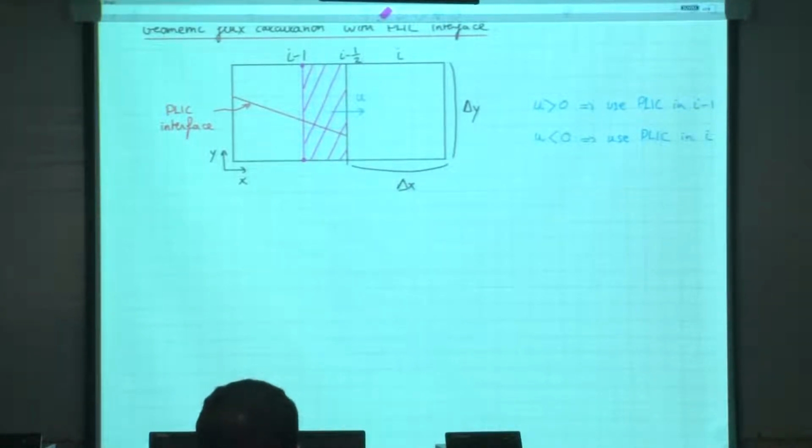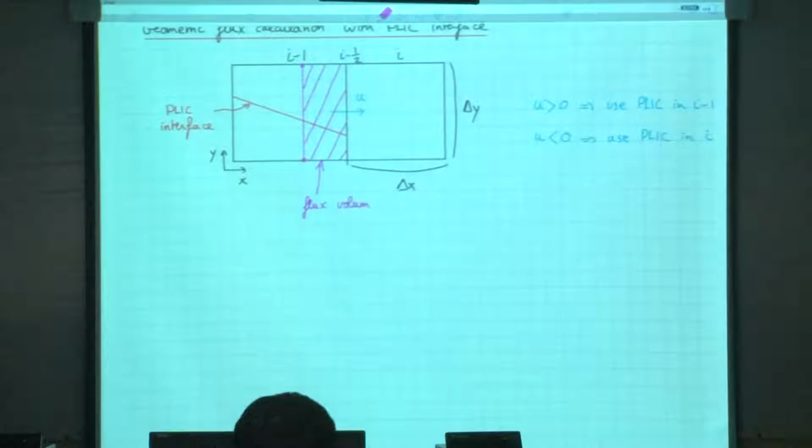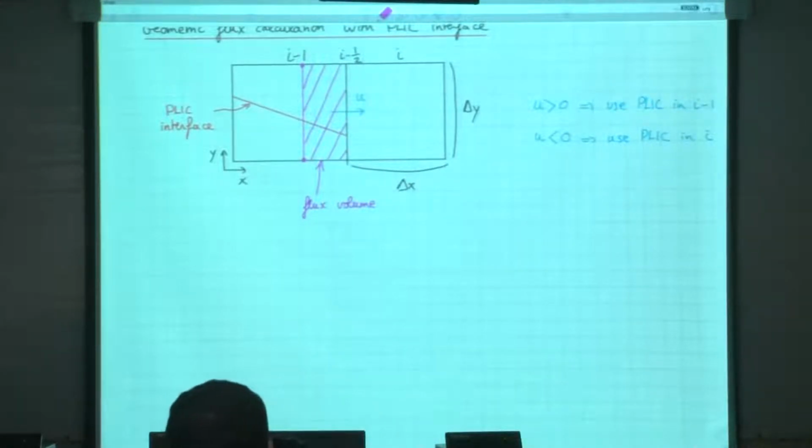So this is my flux volume. That's the region of space that will be donated by cell I minus 1 to cell I. How big is this? Well, its width is directly obtainable as u times delta t. Okay?